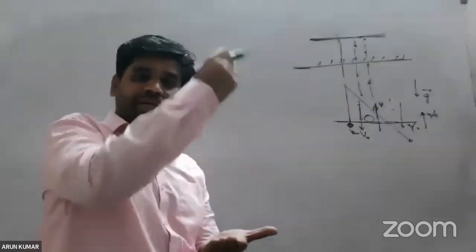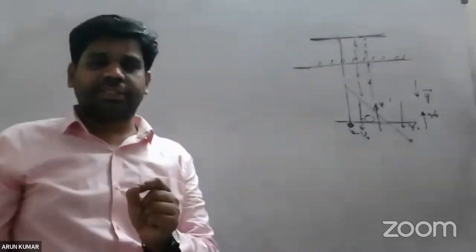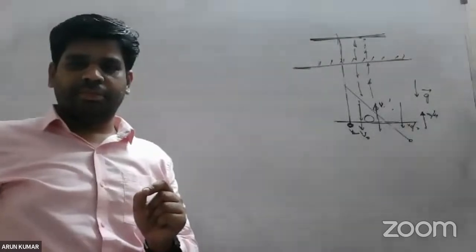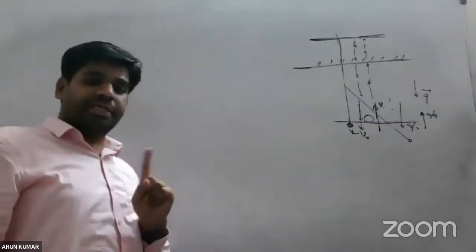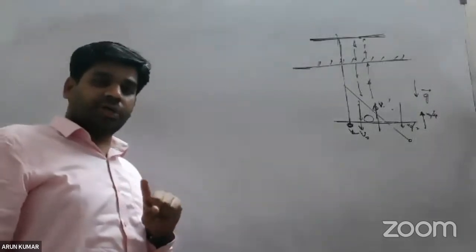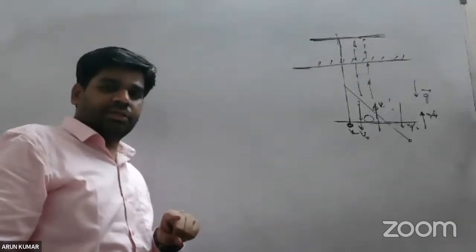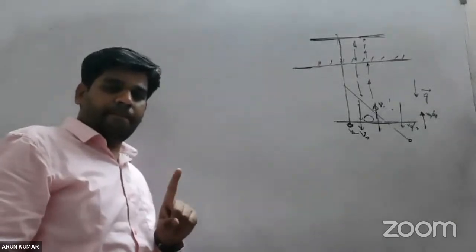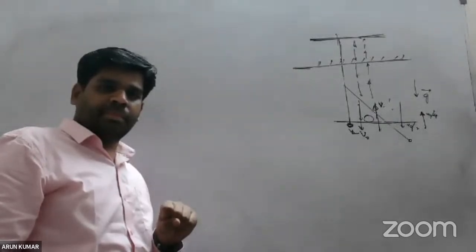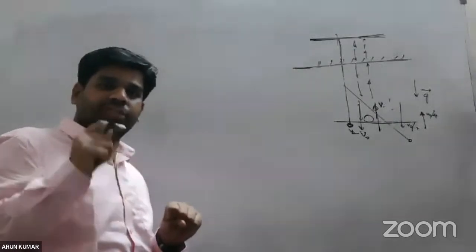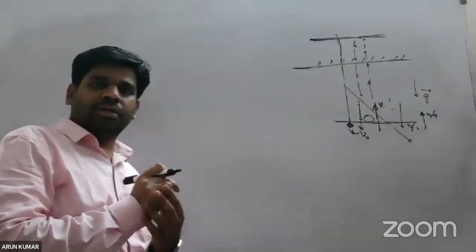So it never stops smoothly at any time. That means my VT curve should not cross the T axis, velocity zero. Do you all agree with that? Yes, sir.